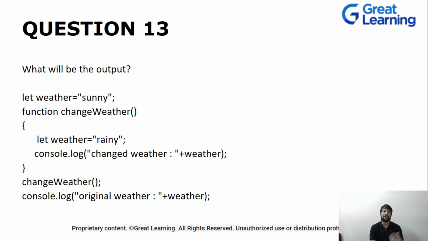So now you have your let keyword that you are using to define a weather, that is sunny. Then you have the function which is changeWeather, and inside it you will be having let weather again. You have defined this let weather again and it is defined as rainy, and then you are trying to access it, printing it. You're calling the changeWeather, and then you are trying to access the original value of weather. What will be the output in this case?